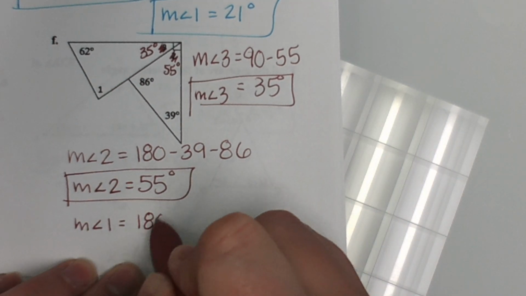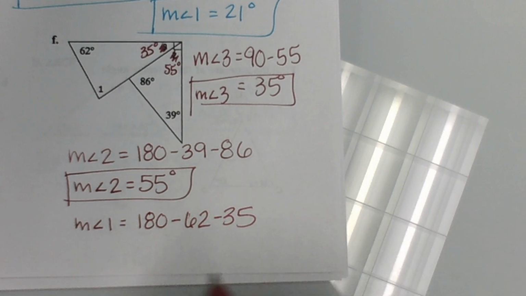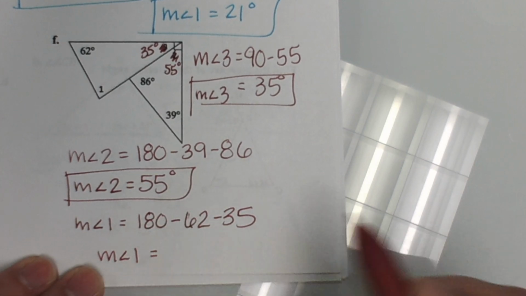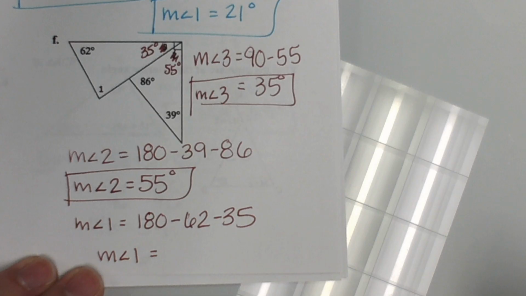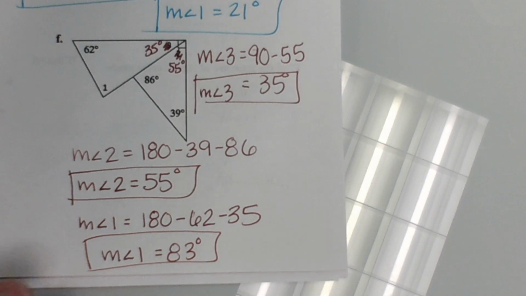Anytime you know 2 angles in a triangle, 180 minus the 2 you know will get you the one you don't. Okay, now what do we get when we do that subtraction? 83.